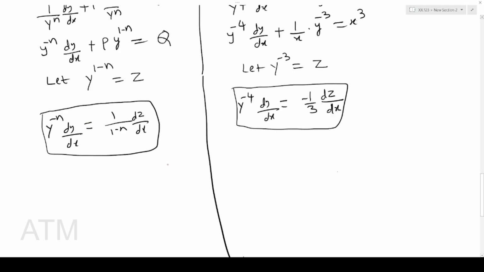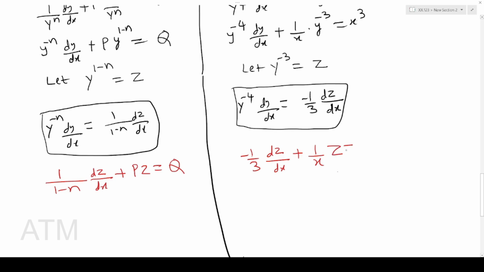Therefore the above equation gets converted to 1 upon 1 minus n dz by dx plus pz equals q, that is minus 1 upon 3 dz by dx plus 1 upon x. In place of y raised to minus 3 we can write z, and x cube as it is.